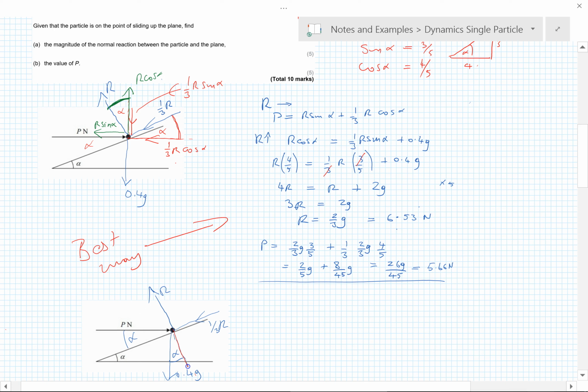The weight, if we resolve that bit, will be 0.4 g cos alpha because it's next to the actual force where I've marked the angle. And this component of the force here, because it's away from that, is 0.4 g sine alpha.